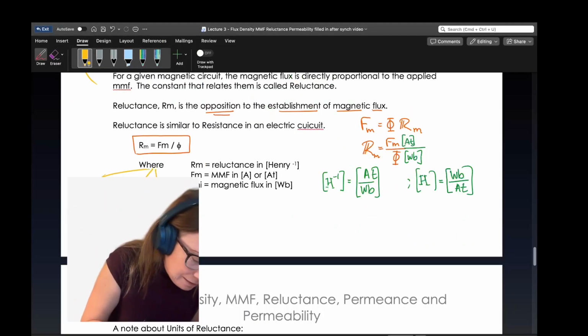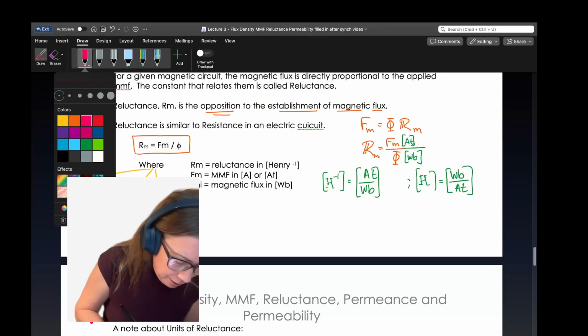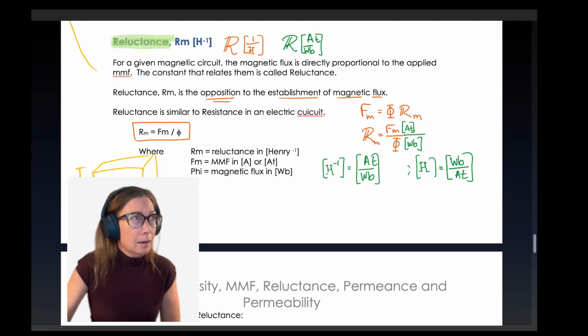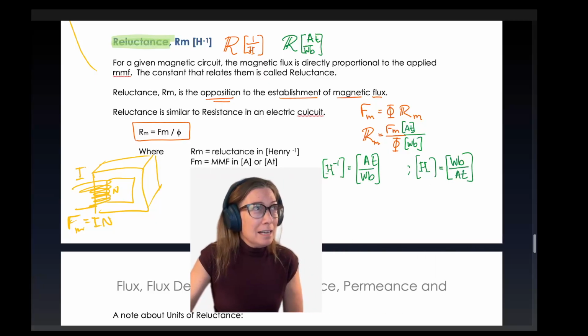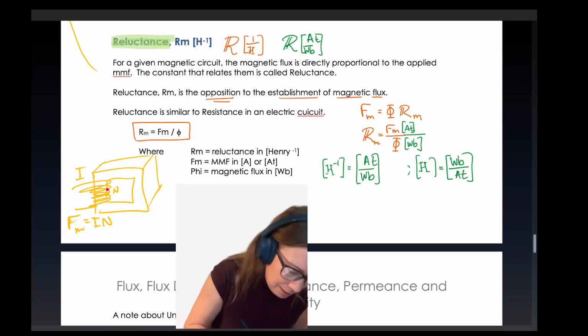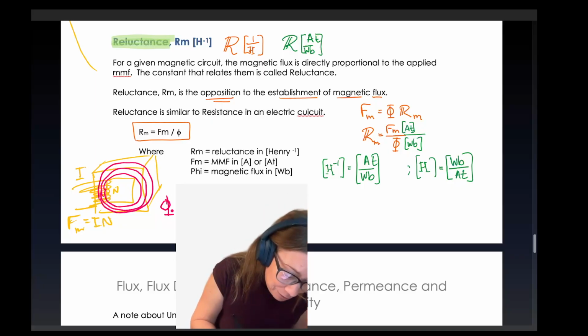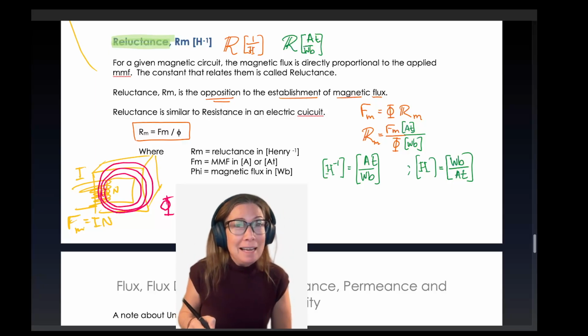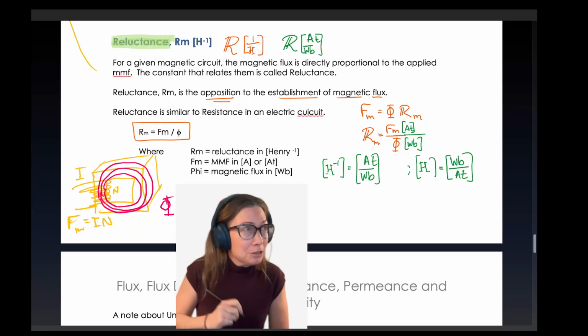That magnetomotive force is then going to establish magnetic flux lines. It's going to establish a few lines, just a little bit, or a lot of lines of flux, which are measured in Webers. It depends on how reluctant the material is to establishing that flux.